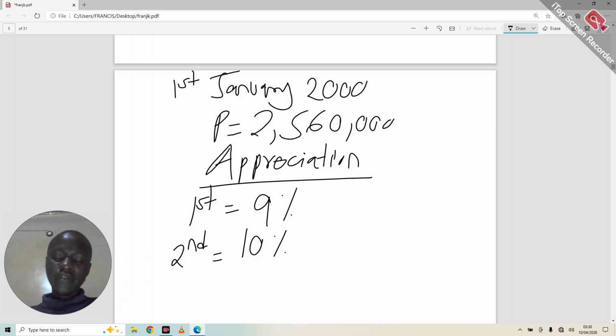Now, for the rest of the remaining 3 years, in each and every year, the land will be appreciating by 8%, if at all that is the rate at which it is appreciating. Or maybe it will appreciate by 20% if the question guides that is the rate it will be appreciating for the rest of the remaining years.